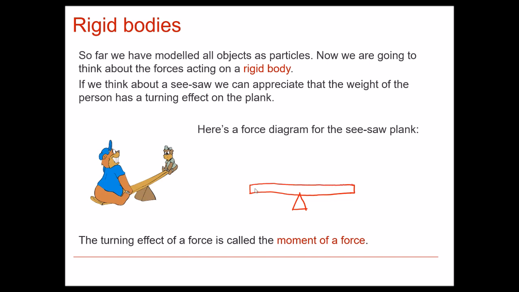There's going to be this weight over here, maybe call that W1. There'll be a different weight over here, W2. So we're thinking about the place at which the force is acting now being significant.